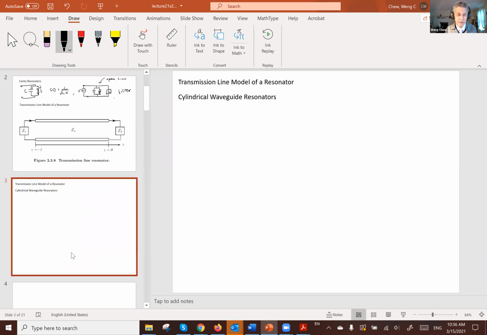Okay, so how can we use the transmission line model to study this problem? We can use the transmission line model by using the transverse resonance condition. Just a reminder, we now know that many things can be modeled as a transmission line.